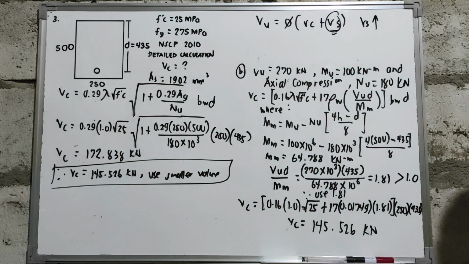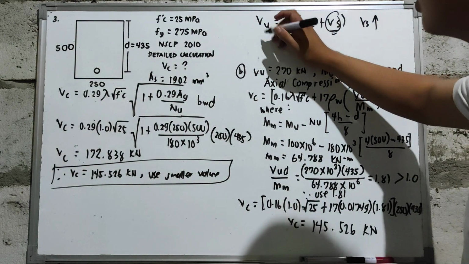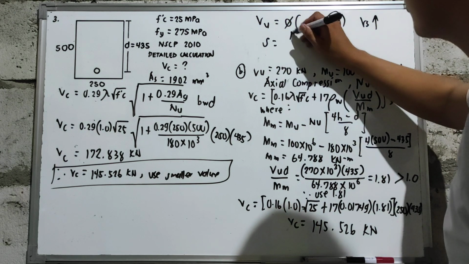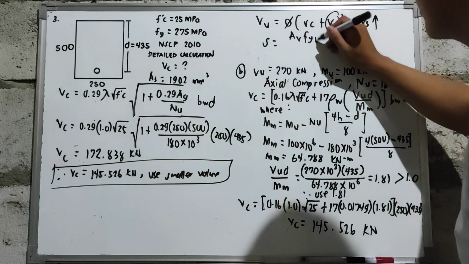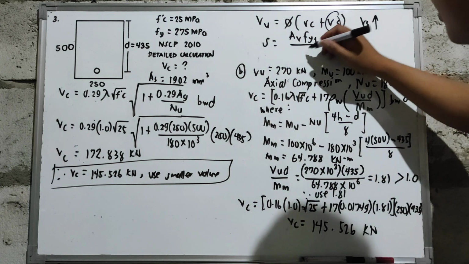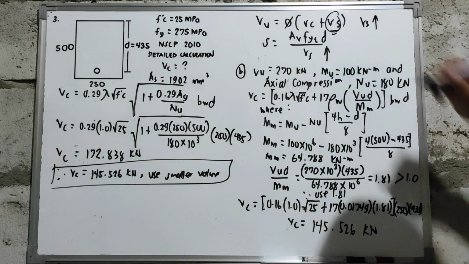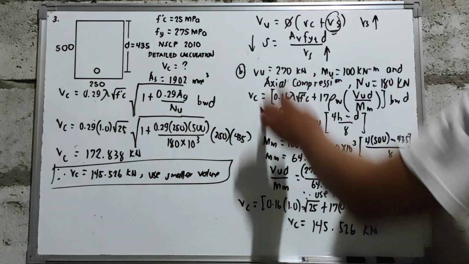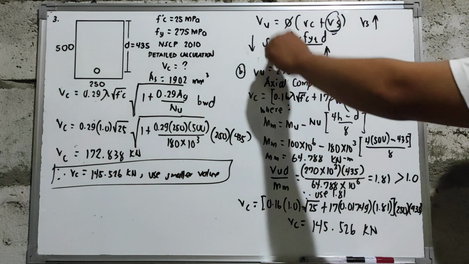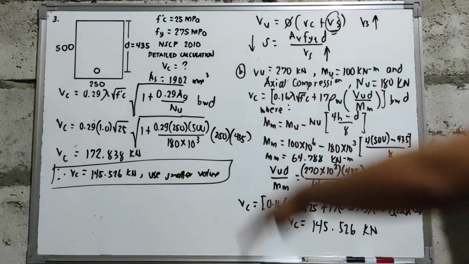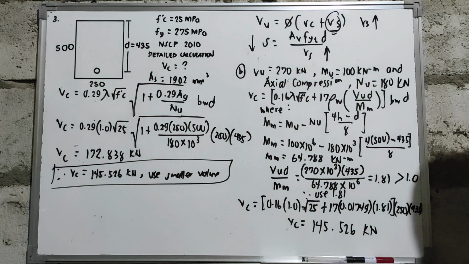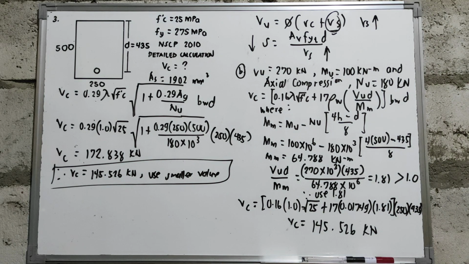And kung mapapansin natin yung formula natin for that, so that is S is equals to AVFYT over VS tapos dito D. Diba? So kung mas mataas yung value ng V sub S natin, mas mababa yung value ng S natin. So the more na bumababa yung spacing ng stirrups natin, the more na nagiging safe yung konkreto natin against shearing. So that is the reason kung bakit smaller or smallest value yung kinukuha natin pertaining to V sub C.